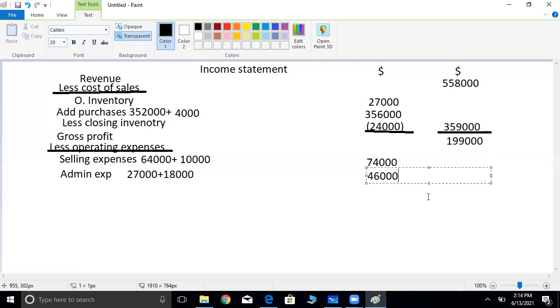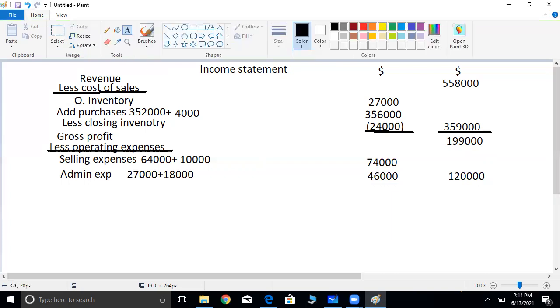The total expenses are 1,20,000, and I will subtract the total from gross profit.